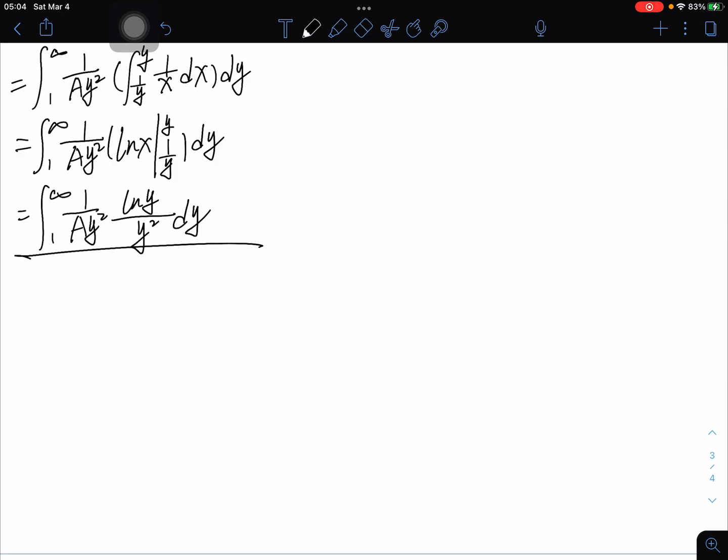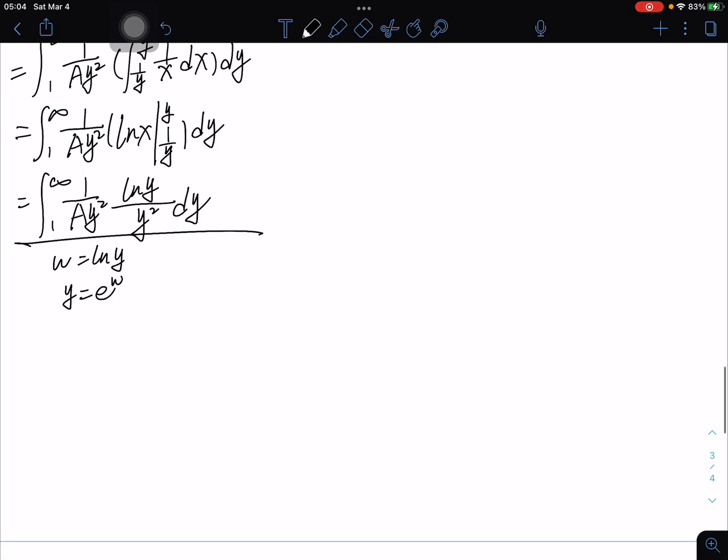In this formula, we can define w equals ln y, so y equals e to the w.